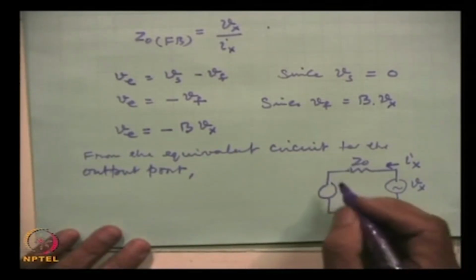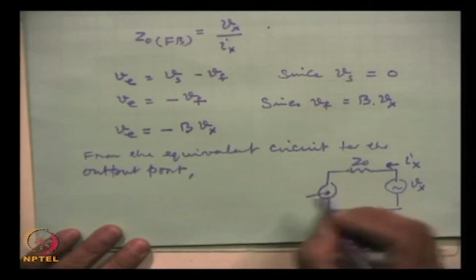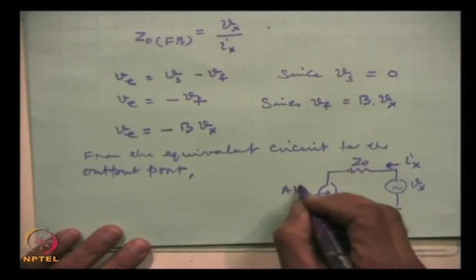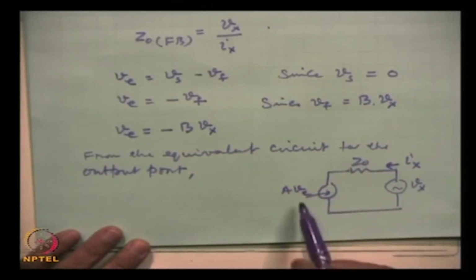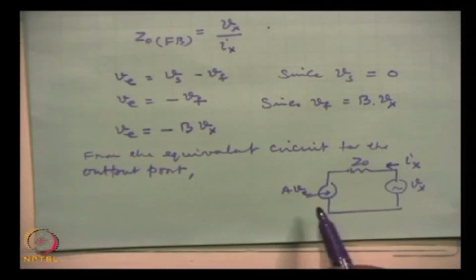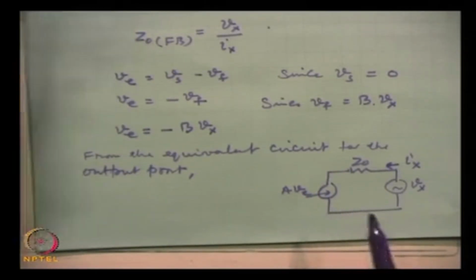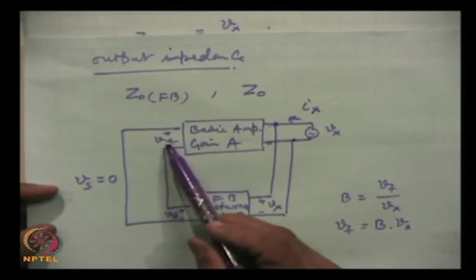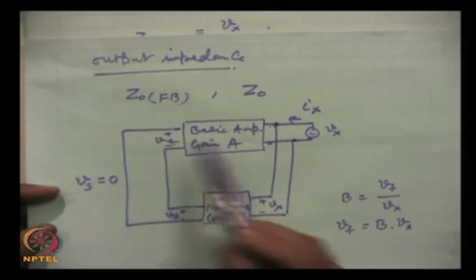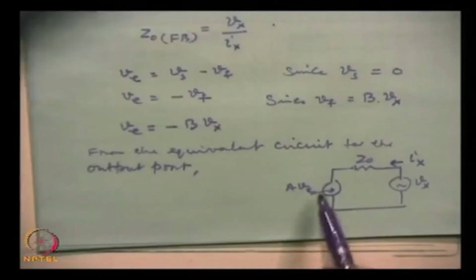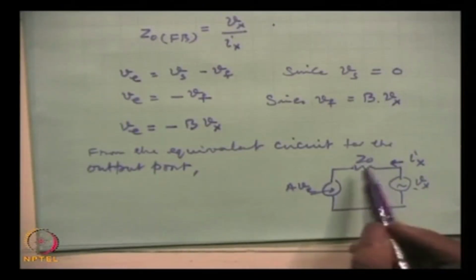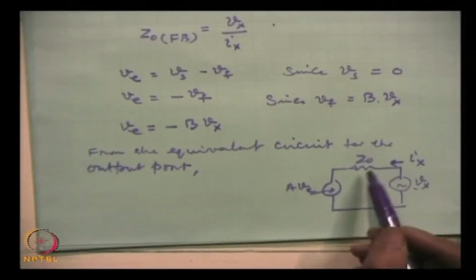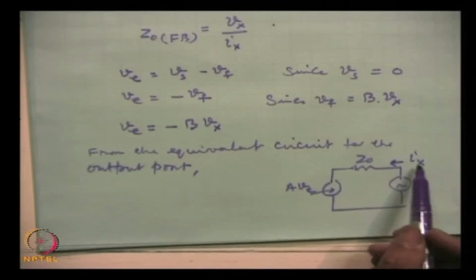So, this is A V e. I hope there are no confusions about it. One voltage we have connected; the other voltage will appear because of V e, which is amplified A times. So there are two voltage sources. Now it is simple to find the value of I x.